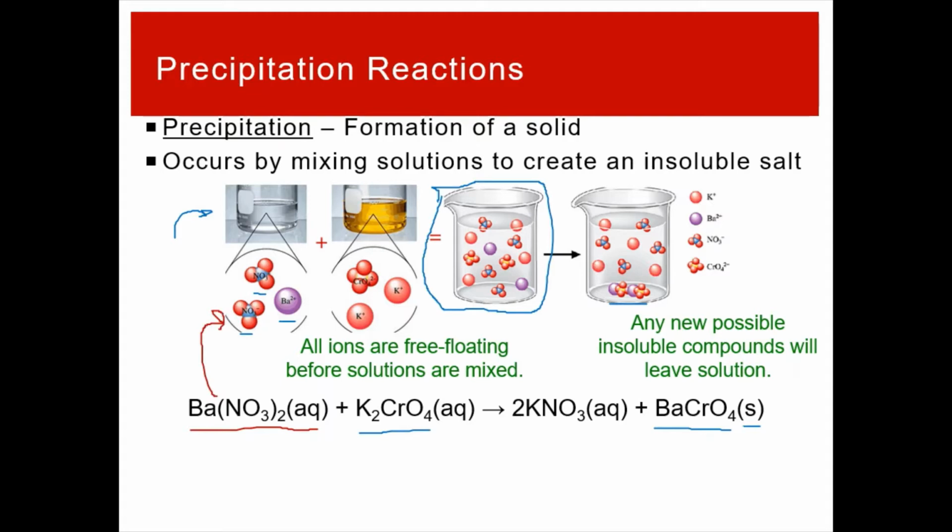But we use this overall molecular description just to be clear as to what's going on and to make it compact. It's barium nitrate. You have to recognize it is implied that those ions are floating around independent of each other. So we always want to have that in the back of our mind. Whenever we see that, those ions are free floating. Solid, that's not dissolved. But aq after an ionic compound does mean those ions are floating around freely in solution, independent of each other.